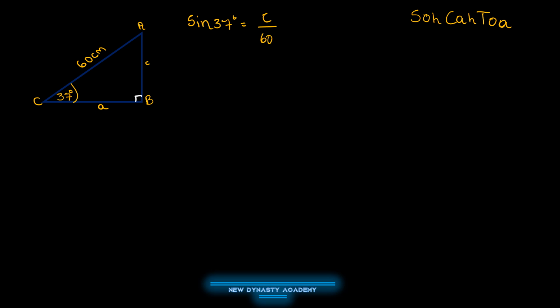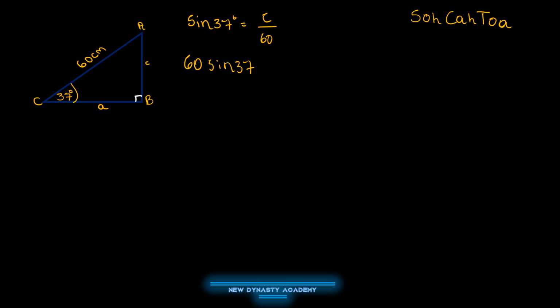Then we are calculating for C, which means we have to make C the subject of the formula. Now how do we do that? We multiply both sides by 60 because we want to isolate C. So if you multiply both sides by 60, let me do it here. You multiply the left hand side by 60, so we're going to have 60 sine 37.